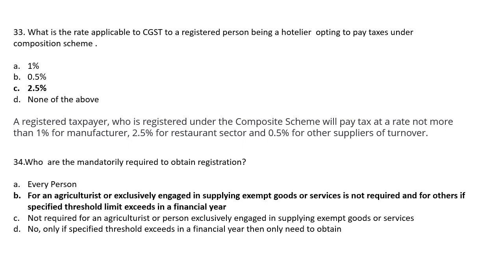Option D, no, only if the specified threshold is exceeded in the financial year, then only need to opt in. The correct answer here is option B. For an agriculturist or a person exclusively engaged in supplying exempt goods or services it is not required, and for others it is required if the specified threshold limit is exceeded in the financial year. So these are the persons mandatorily required to obtain registration.